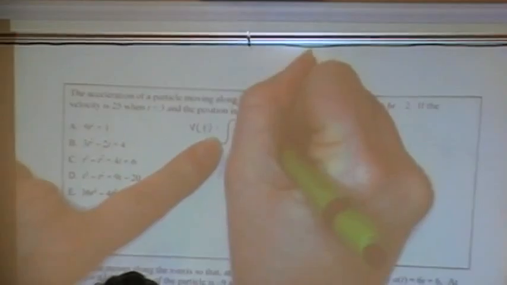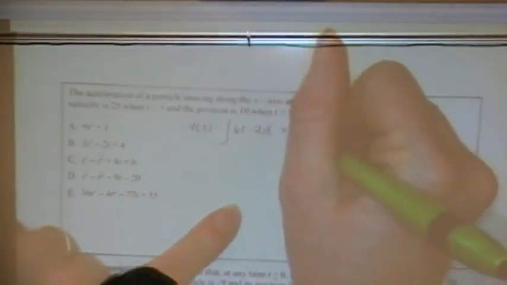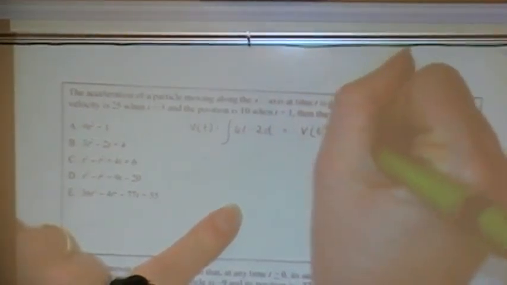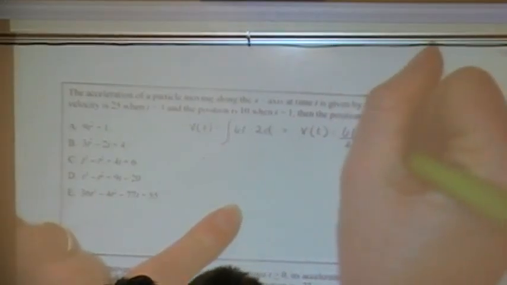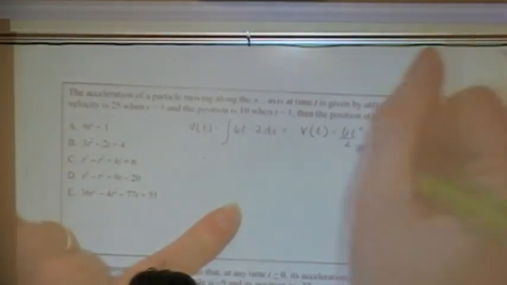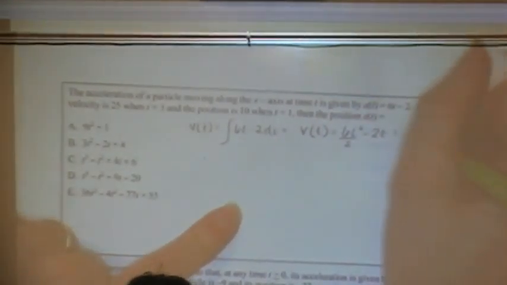I know velocity is going to equal the antiderivative of 6t minus 2 dt. That I can take easily. So my velocity, I'm going to write v of t again, equals 6t squared divided by 2 minus 2t, which is 3t squared minus 2t plus c.